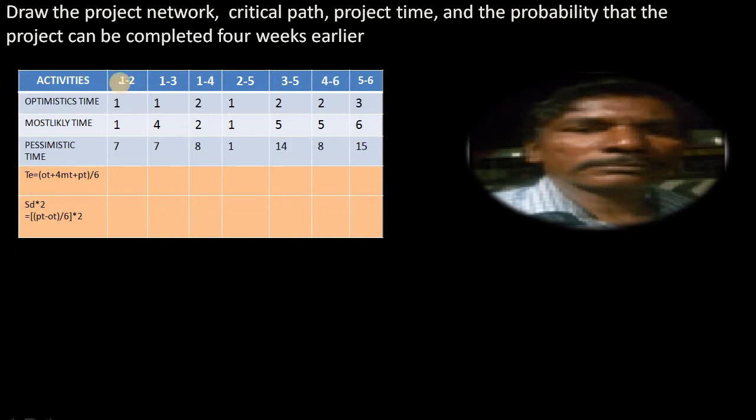In this problem, 1, 2, 3, 4, 5, 6 are the events, and the events are joined by the activities. We know that already.